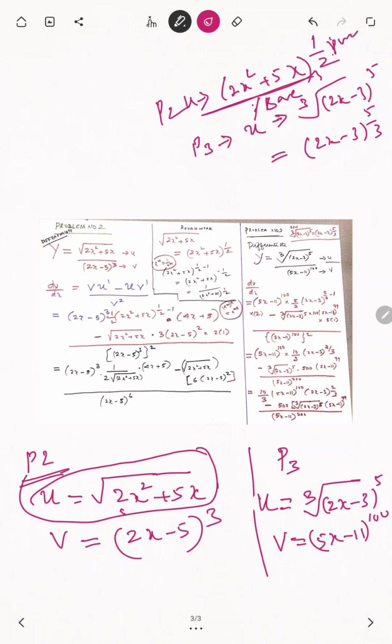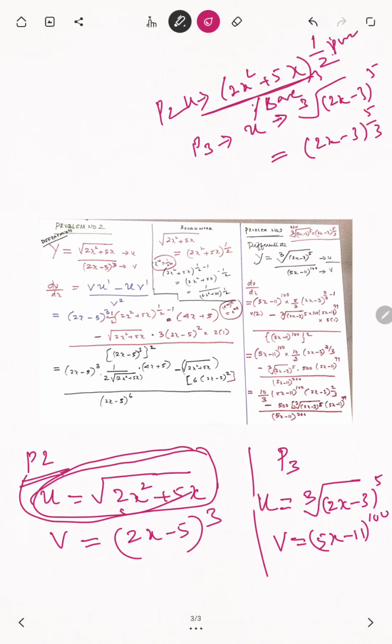This is the actual u, so I am copying the same thing, square root of 2x square plus 5x. Since it is u, you need not disturb it. This original u only you have to take. Don't take this modified u. Okay. That's why it's over.